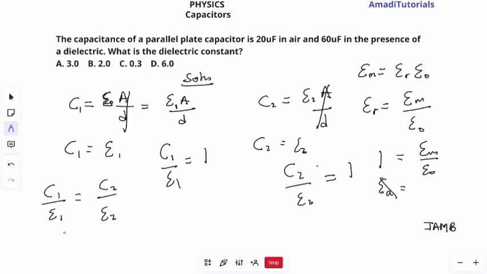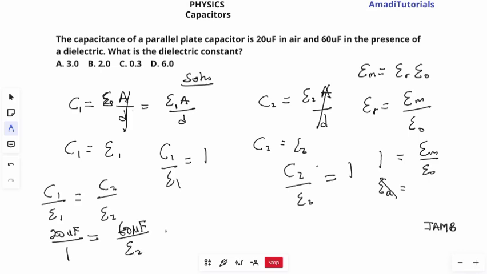So here we will write C1 will be 20 microfarad, and the relative dielectric constant of air is 1. And then C2 is 60 microfarad, and the relative dielectric constant is what we don't know, E2.